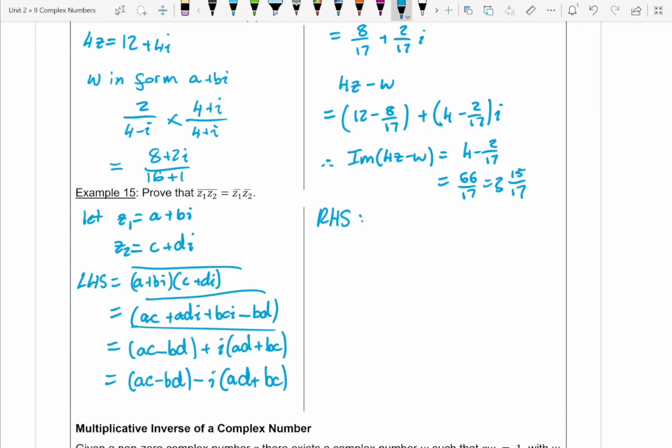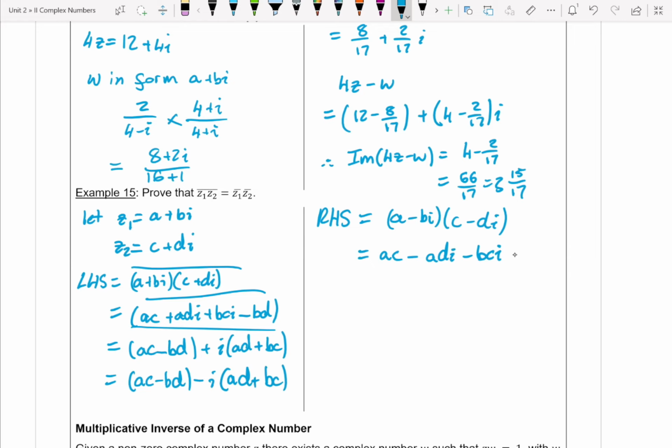So right-hand side is going to be a minus bi times c plus di. Sorry, c minus di. That's going to get us ac. It's going to get us minus adi. It's going to get us minus bci.